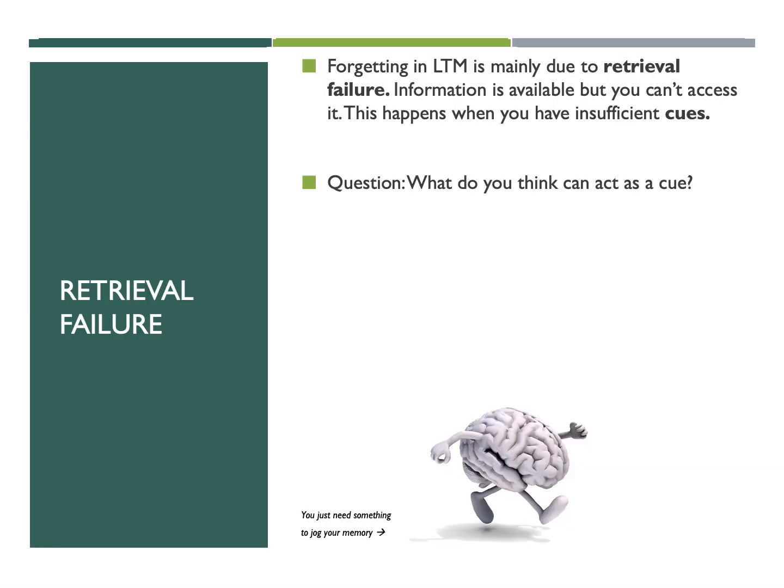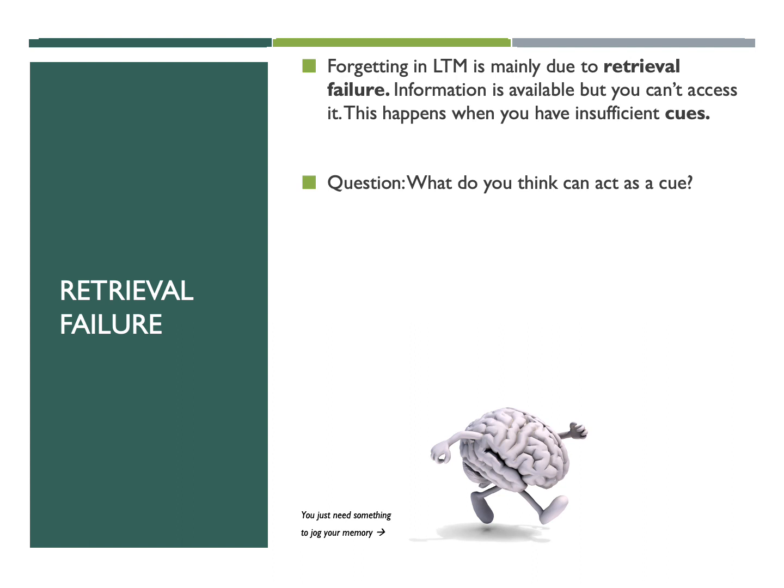Okay, so retrieval failure. If we think back to the multi-store memory model, the very first model that we did, the one where the environmental stimuli goes into our sensory register. If we pay attention to this sensory stimuli, it goes into our short-term memory, and through the process of maintenance rehearsal, we can transfer this information into our long-term memory.